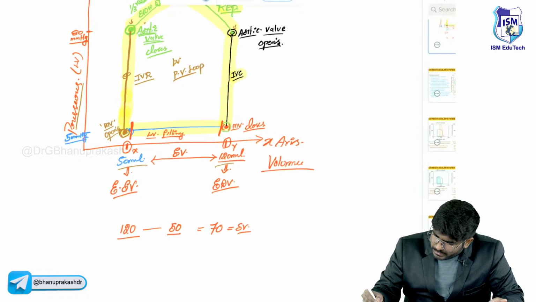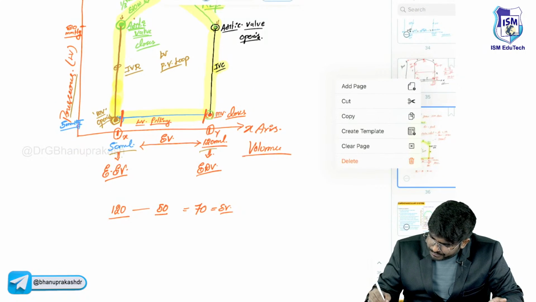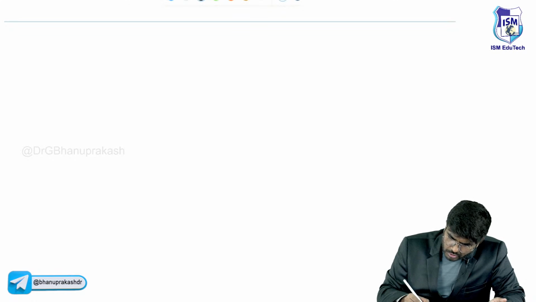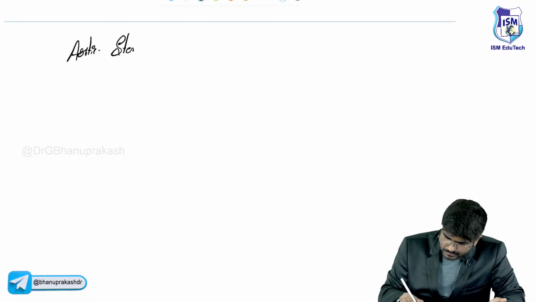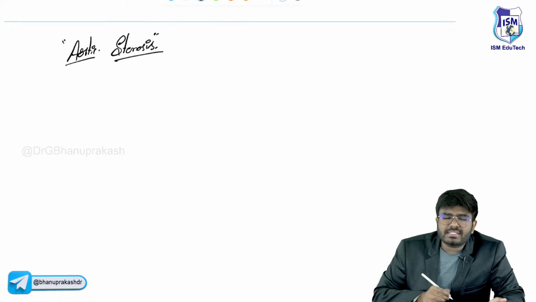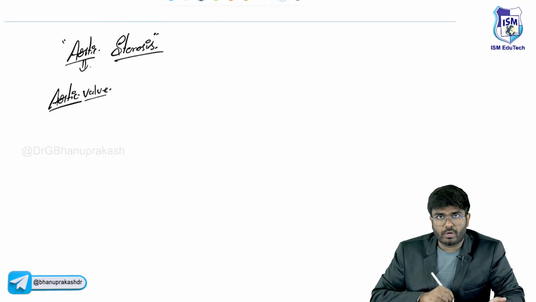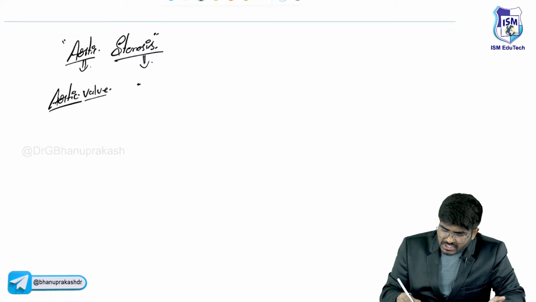Let me draw an example. There is a condition called aortic stenosis. What exactly is aortic stenosis? Here, this represents the aortic wall. The stenosis represents the stiffening.